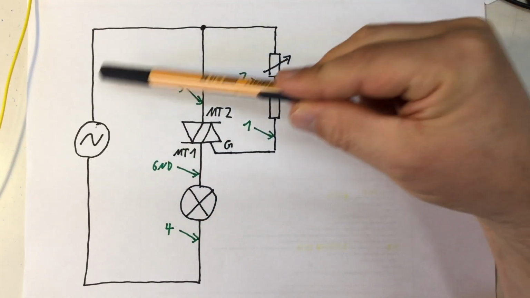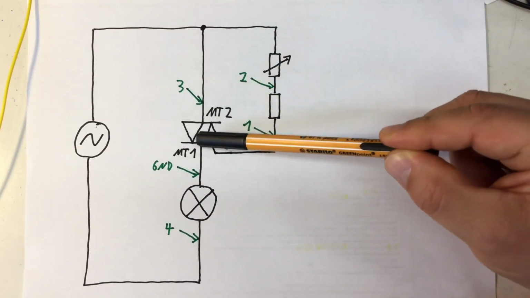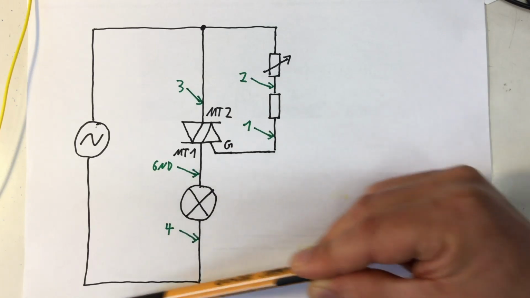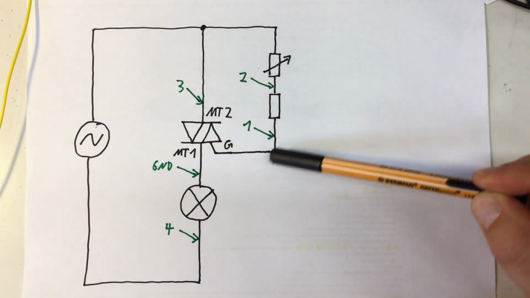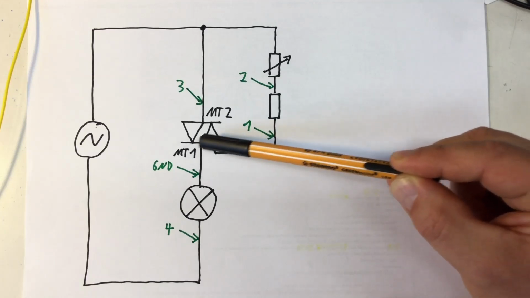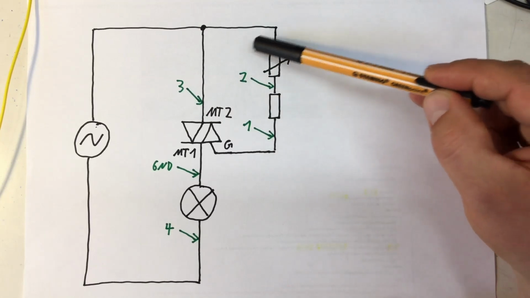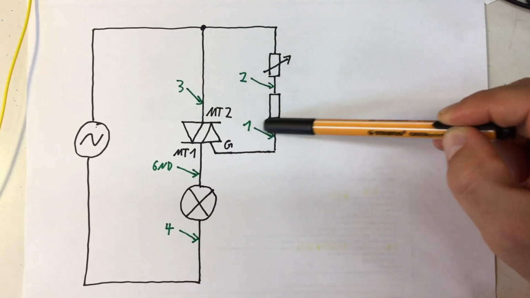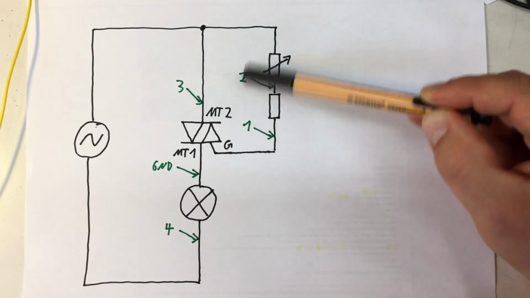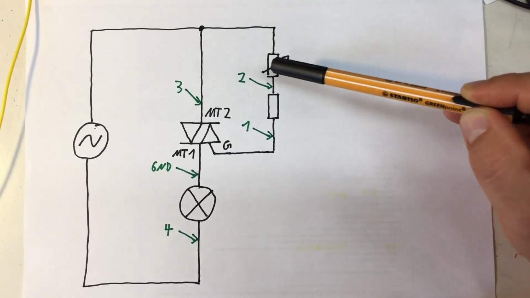I have my transformer as AC source, and I'm switching through the TRIAC my light bulbs. At the same time, the AC source is supplying current to the gate of the TRIAC. And the current is limited by my potentiometer and a small fixed resistor, just to prevent shorts if I turn that down to 0.